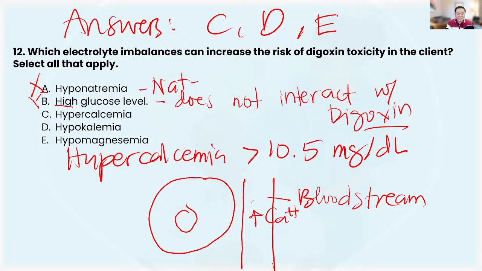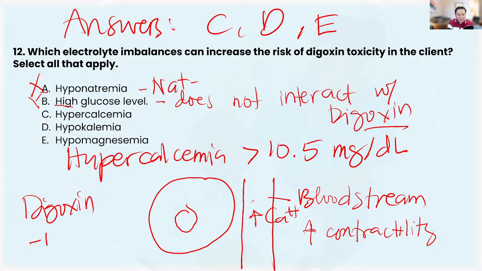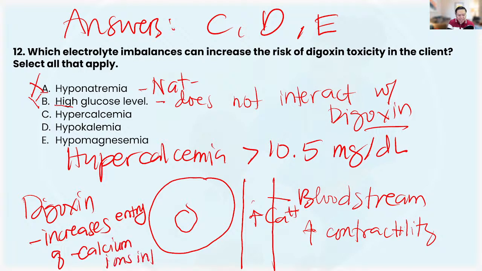There will be increasing contractility. Remember about the influx of the calcium? Guys, the effect of the digoxin here is that it increases the influx, or let me just simplify, increases entry of calcium ions into the cells.